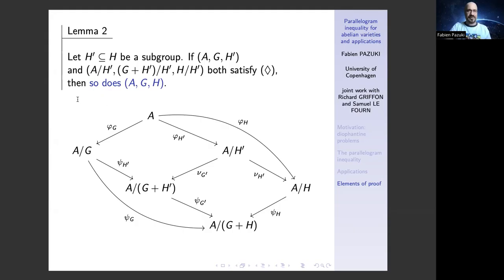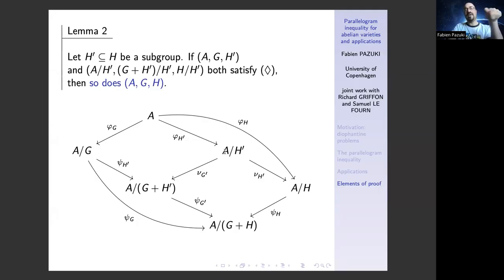So here is what happens. H is our group. We take a subgroup. They're both finite. Now, what the lemma says is the following. Imagine you can prove the parallelogram inequality here. This is a parallelogram of the shape that we like. So G is finite, H prime is finite. Imagine you can prove this.